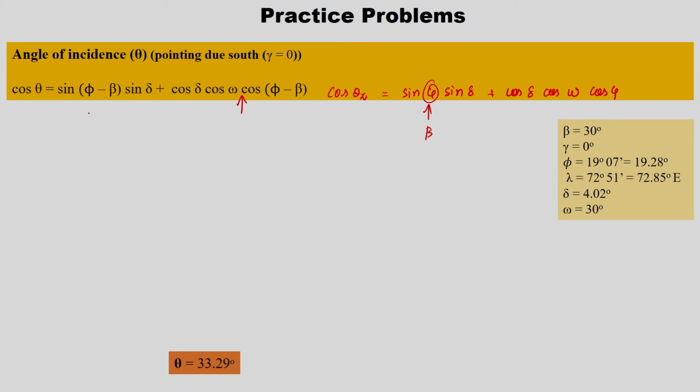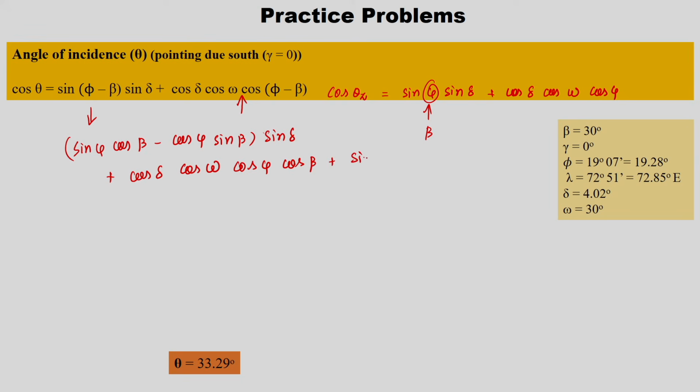That is the formula, or you can substitute the formula sin A cos B minus cos A sin B into sin delta plus cos delta cos omega and then cos A minus B. So we can do it as cos A cos B plus sin A sin B, right.